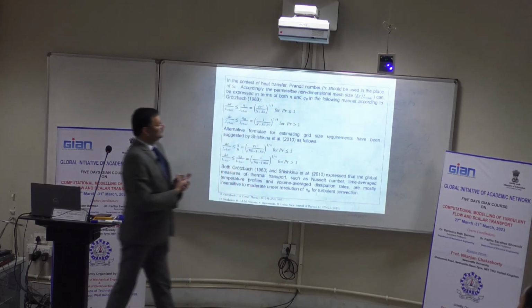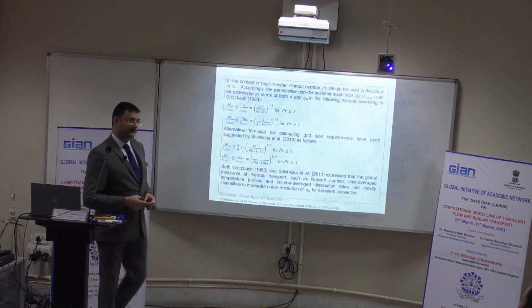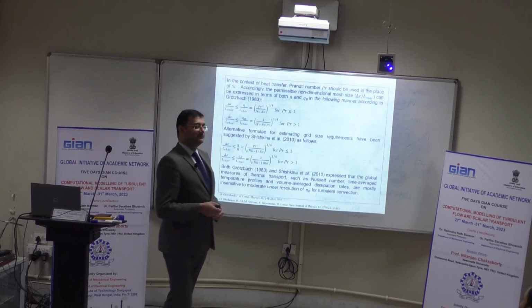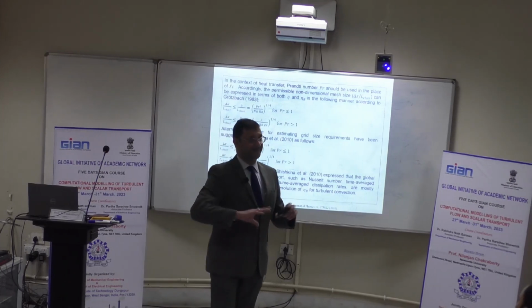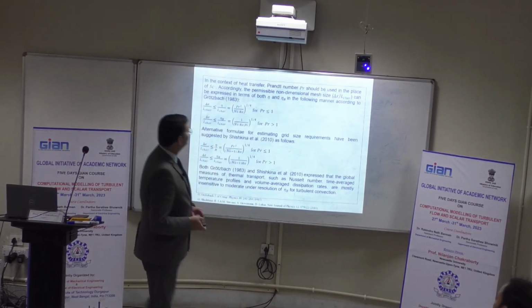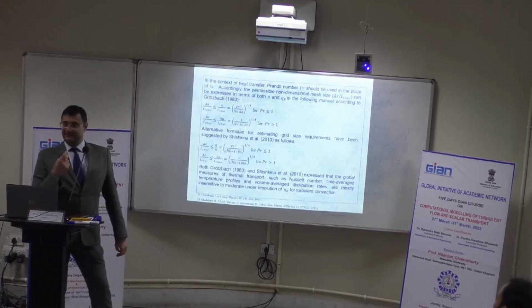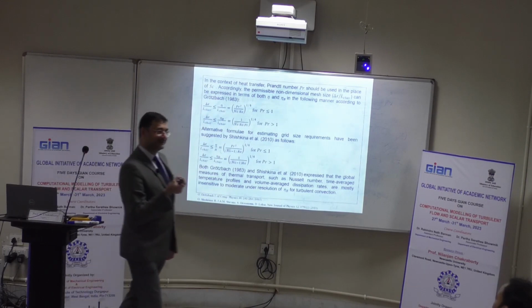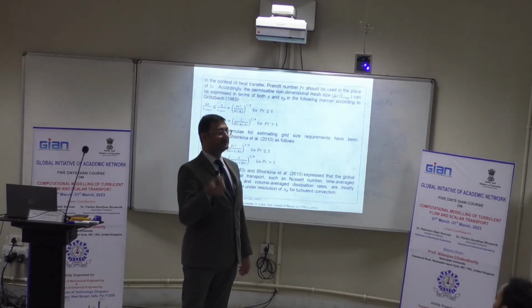So, I'll talk about some ways to actually circumvent the problem. What is done? First, as I said, in the context of heat transfer, replace Schmidt number by Prandtl number.